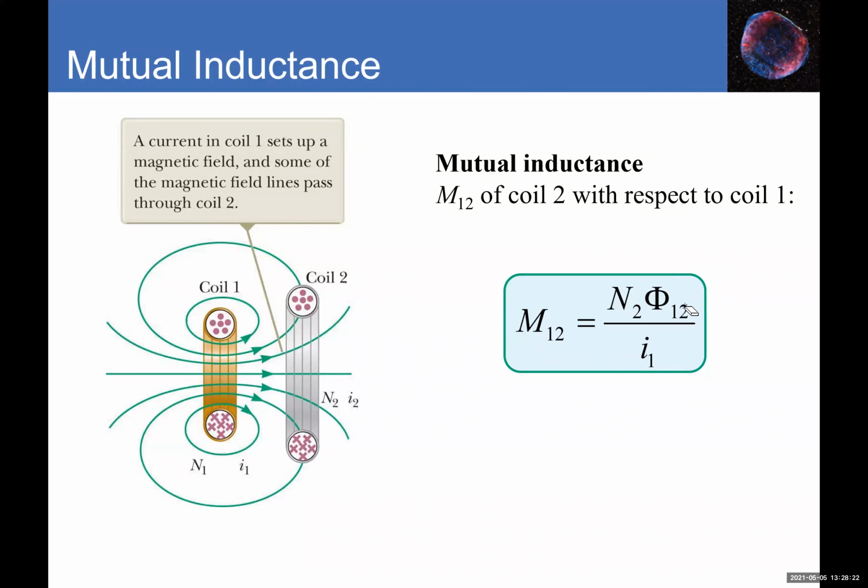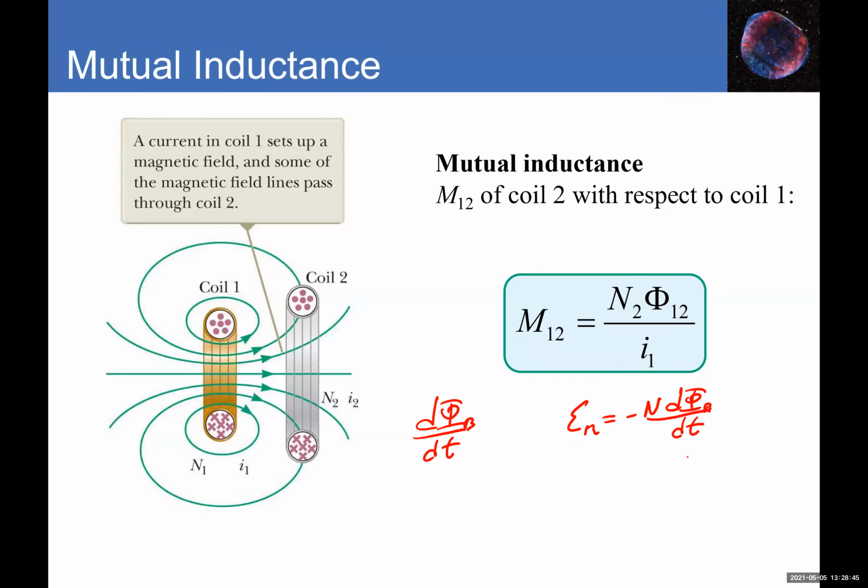But then one thing we have here is if you have flux that changes with time, so dB/dt, remember Faraday's law tells you that induced EMF equals negative N times change in flux with respect to time.